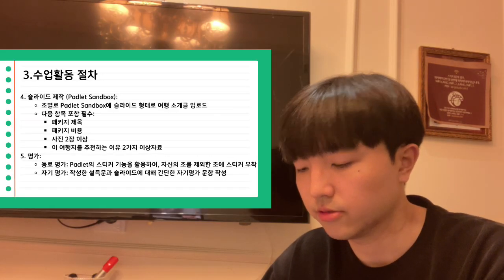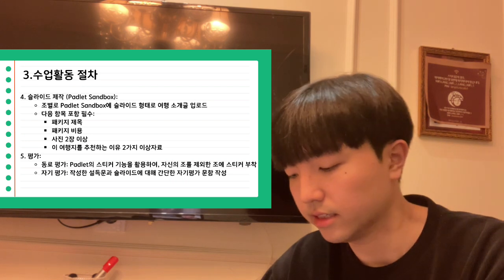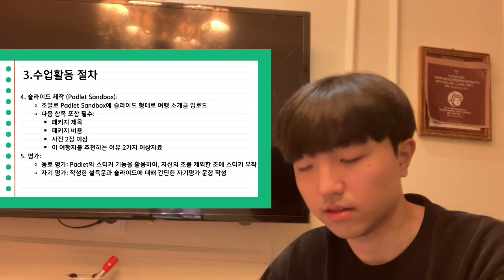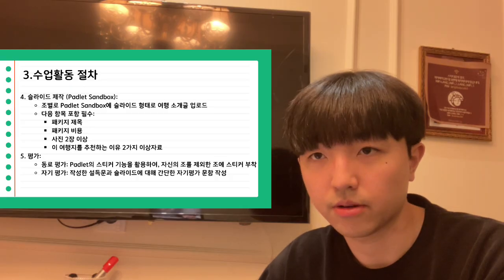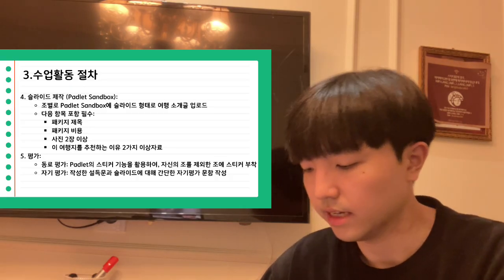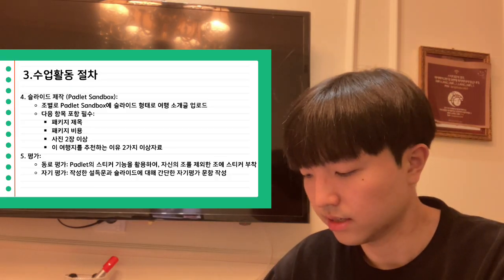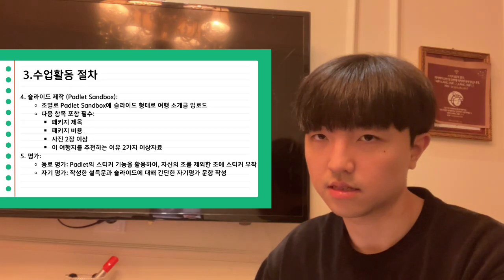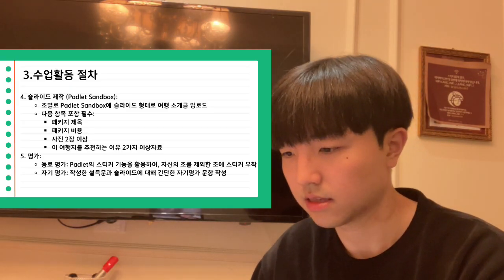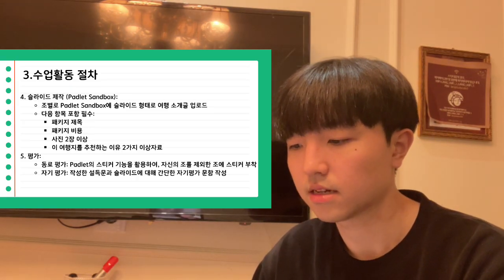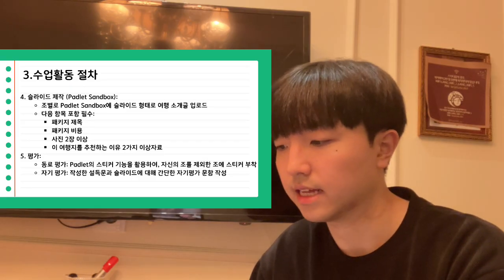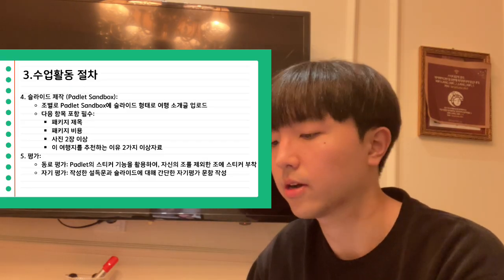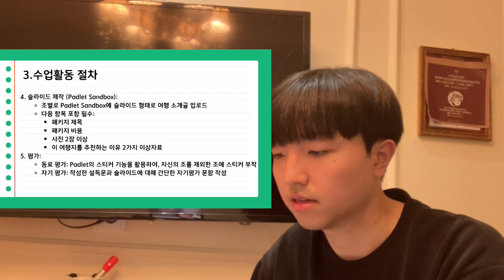Once the travel introductions are ready, each group will use a tool called Padlet Sandbox to create 1 slide per group. Each slide should include the travel package title, cost, at least 2 photos, and at least 2 reasons for recommending the destination.